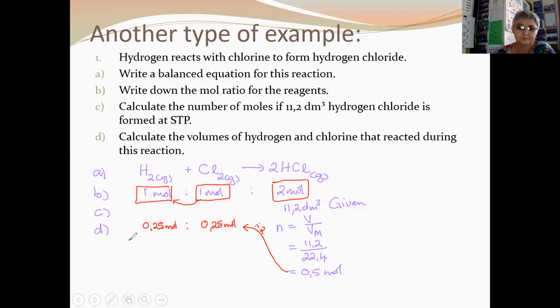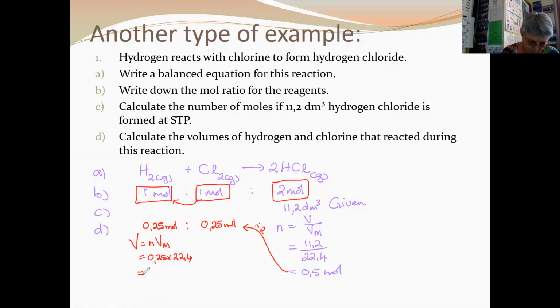So the volume of the hydrogen would be the moles times molar volume, which is 0.25 times 22.4. And we get the answer.